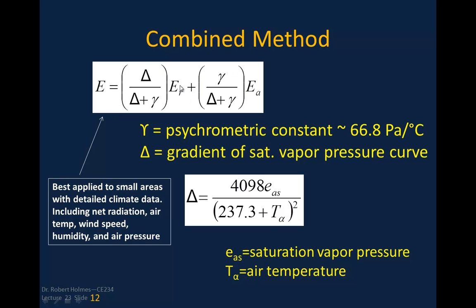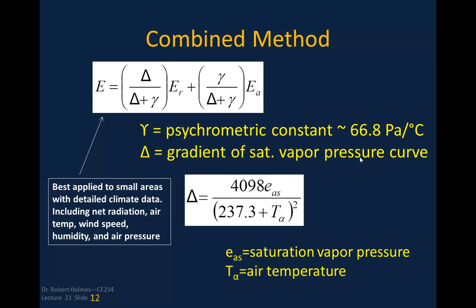And here, where you've got the evaporation by the energy method, that's ER. EA is the evaporation by the aerodynamic method. And you've got these weighting coefficients that are delta over delta plus gamma, where gamma is the psychrometric constant, which is taken to be about 66.8 pascals per degree C, and delta is the gradient of the saturation vapor pressure curve.